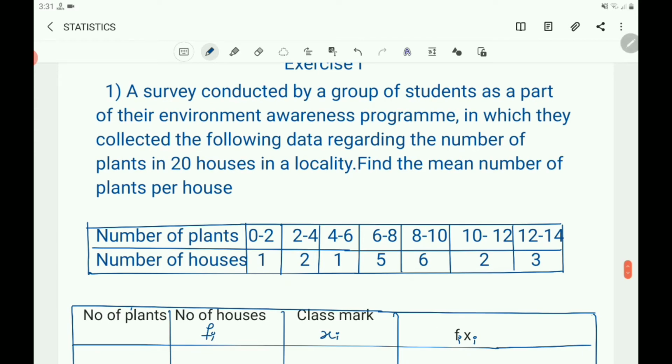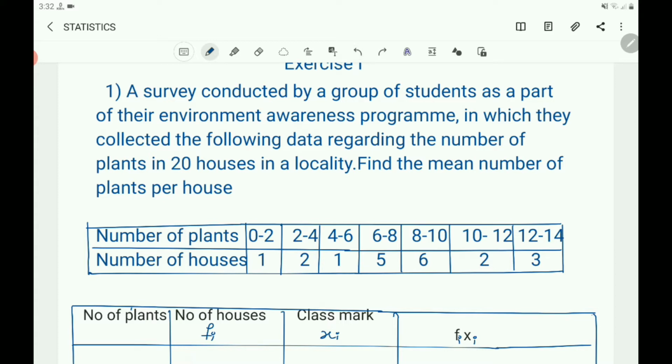Class intervals are 0 to 2, 2 to 4, 4 to 6, 6 to 8, 8 to 10, 10 to 12, 12 to 14 plants.